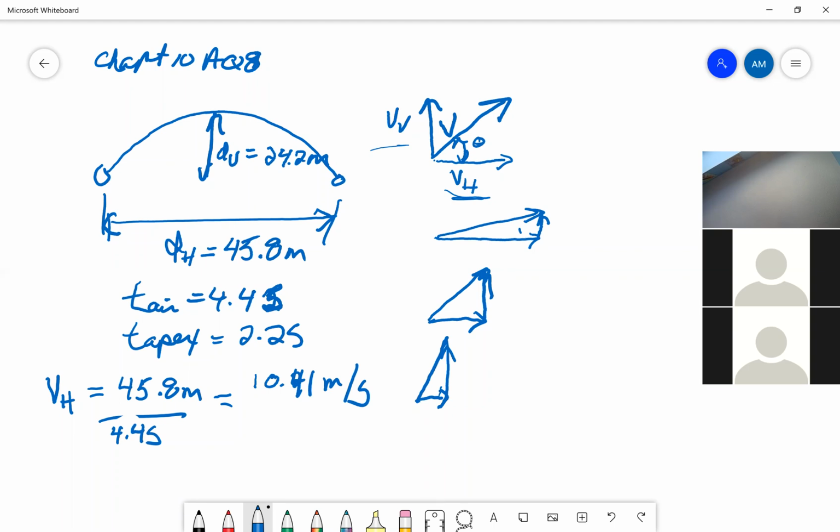And we know the time to the apex. So V1 equals 9.81 times 2.2, which is approximately 20 meters per second, 20 point something.